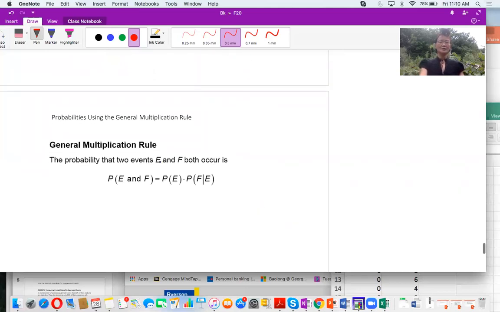So now we touch upon the general multiplication rule. Remember we did the multiplication rule before, but that has a condition, a requirement.